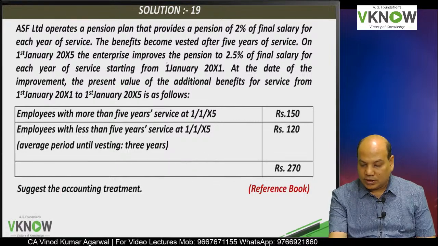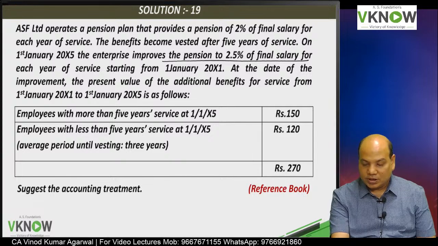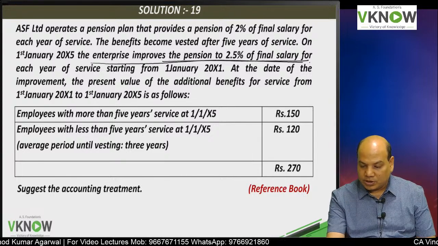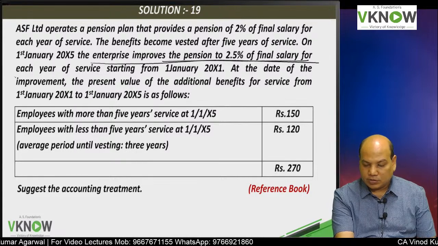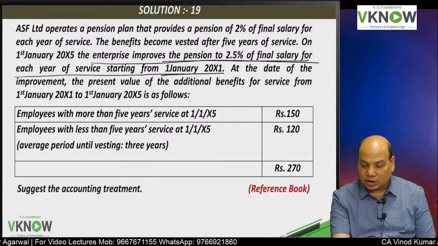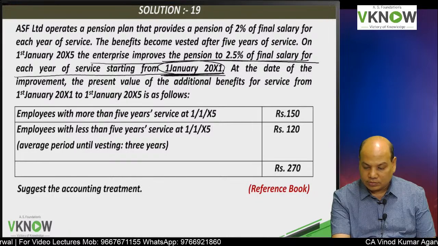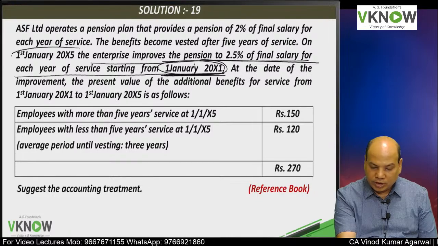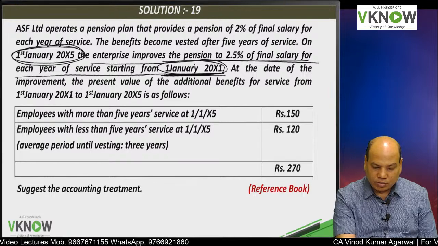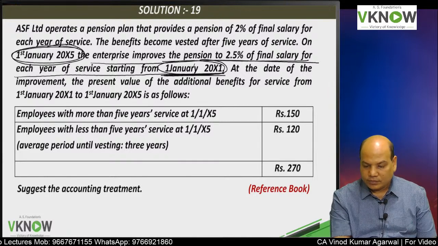Because of this increase in the percentage, what will happen? Enterprise improves the pension to 2.5% of final salary for each year of service starting from 1st January 2001. And we are standing here on 1st January 2005.